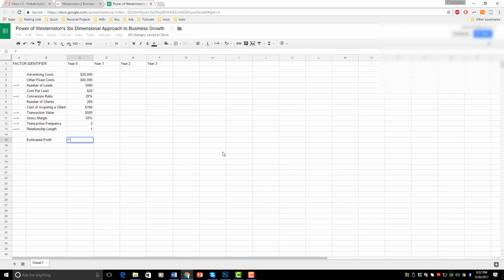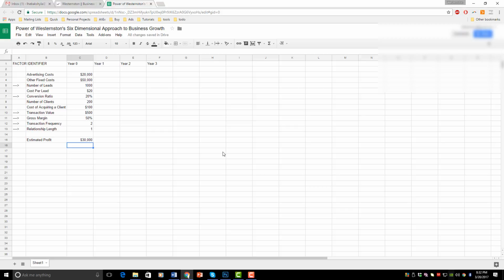So all you got to do is simply multiply all 6 of these numbers, okay, the ones with arrows, and then subtract the costs. Okay, that's how you estimate the annual profits of a company. And you subtract this, which is your fixed costs and your advertising costs. So this business is making $30,000 a year, which is, it is what it is, right?